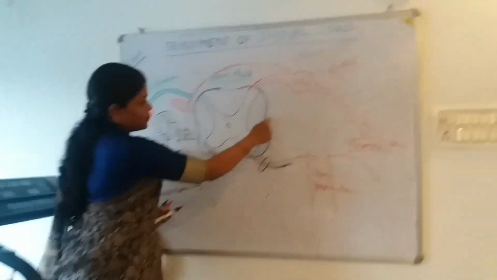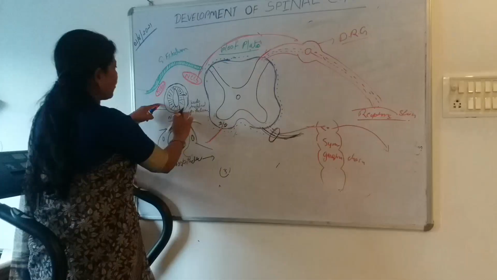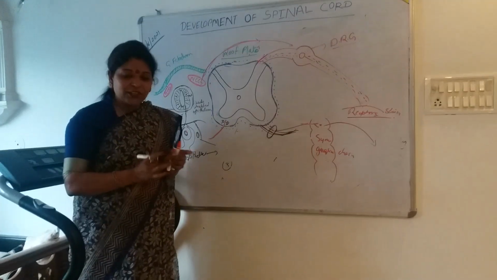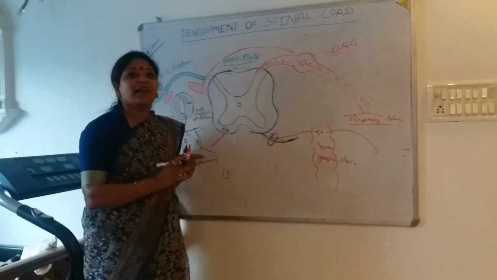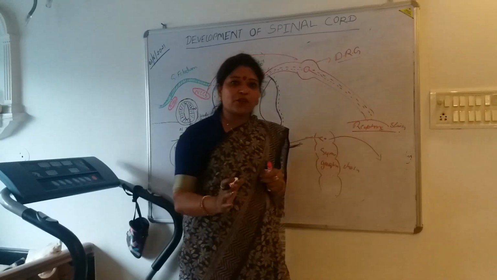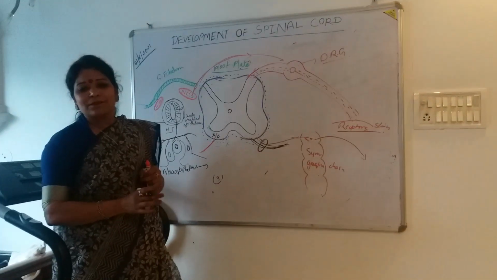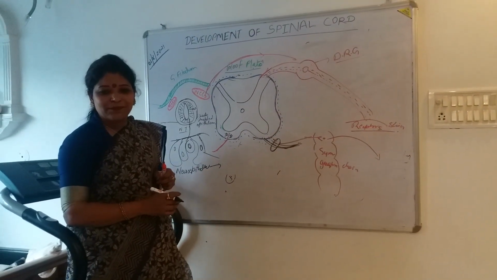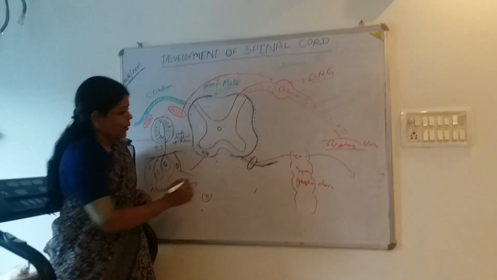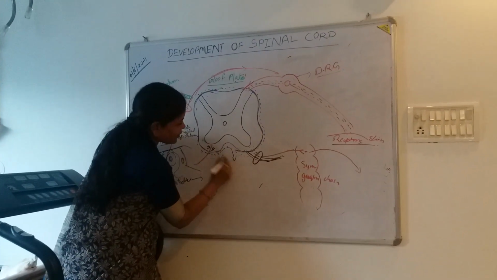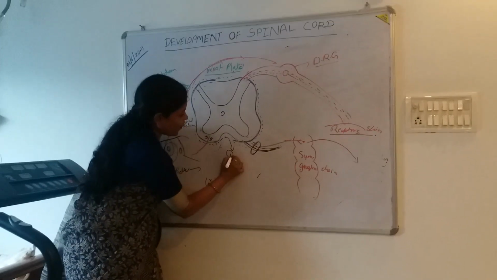This is the part of the spinal cord. All around this neural tube, in the form of a layer, is a covering derived from the neural crest cells. And that covering is known as what? Pia matter, the covering which is adjacent to the spinal cord.